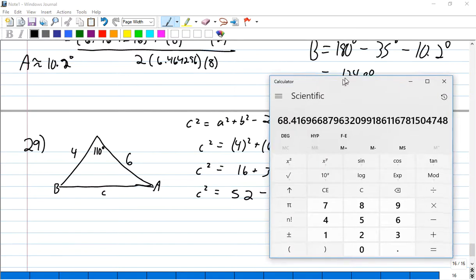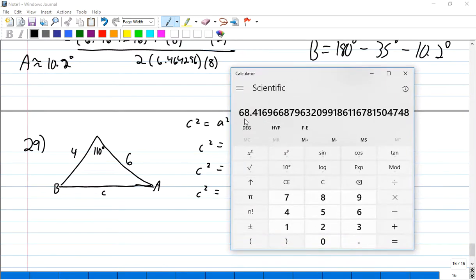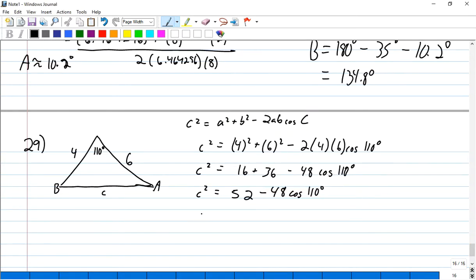I have to take the square root of that number, and that's going to give me C. I'm going to carry it out again to about 5 or 6 places, so 8.271454, that's enough.